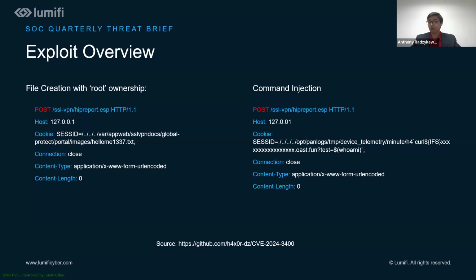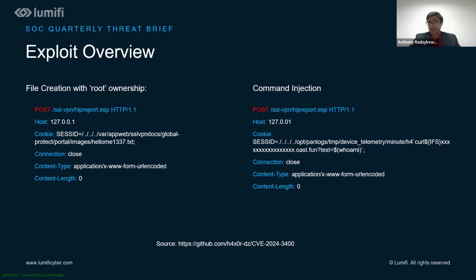But more importantly, we have arbitrary code execution. The attackers, or we hackers really, really love our RCEs. In this case, you'll see that the data packet is hitting SSL VPN hipreport.esp, right?